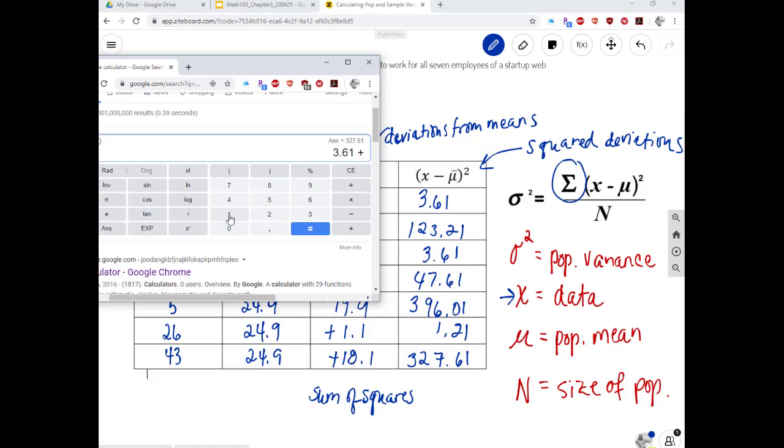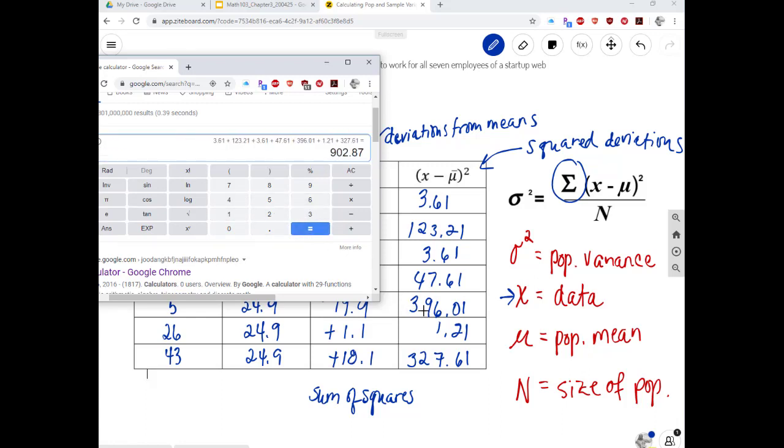3.61 plus 123.21 plus 3.61 plus 47.61 plus 396.01 plus 1.21 plus 327.61 equals.